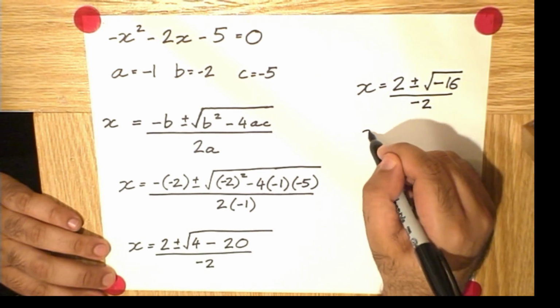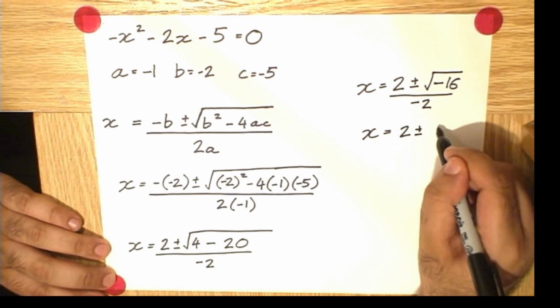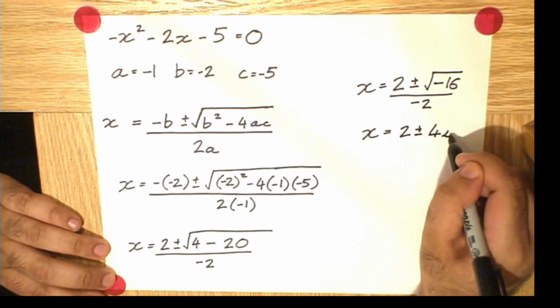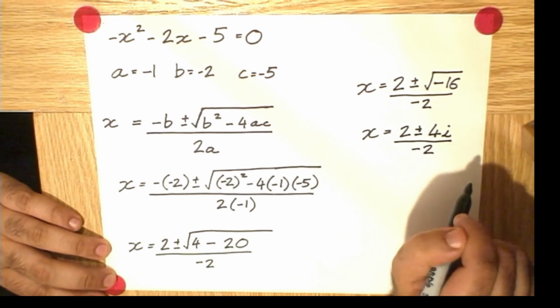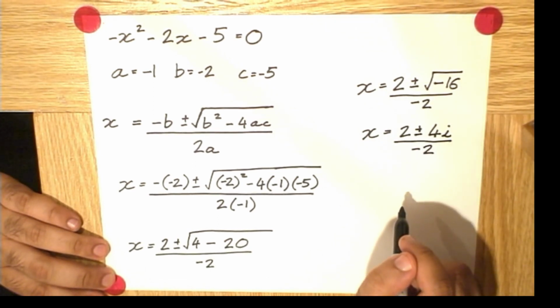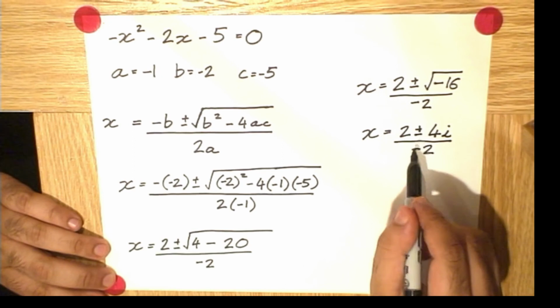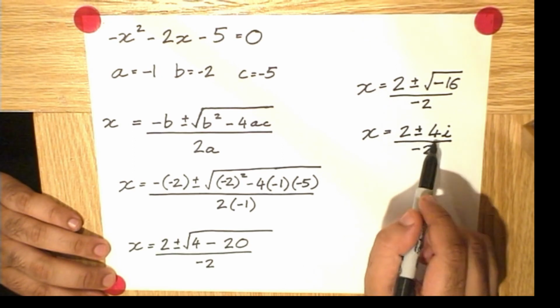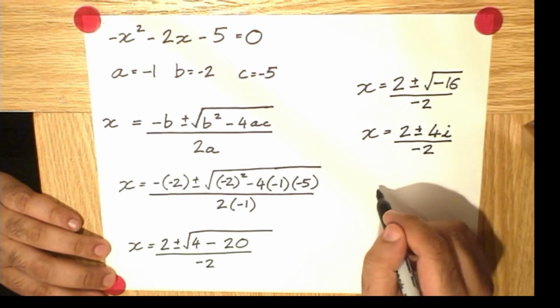Taking the square root of a negative number produces something called an imaginary number. Imaginary numbers are an intriguing and wondrous concept with many practical applications. For the most part, we can solve this quadratic equation by using the imaginary number i over here.